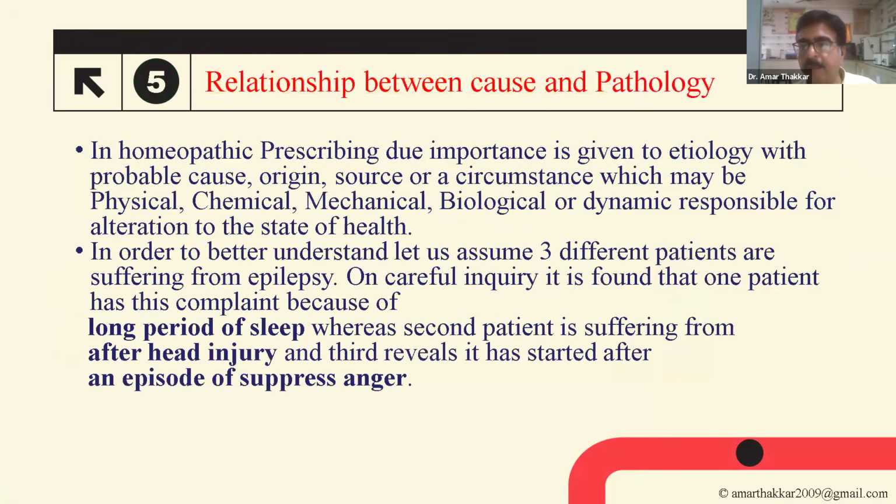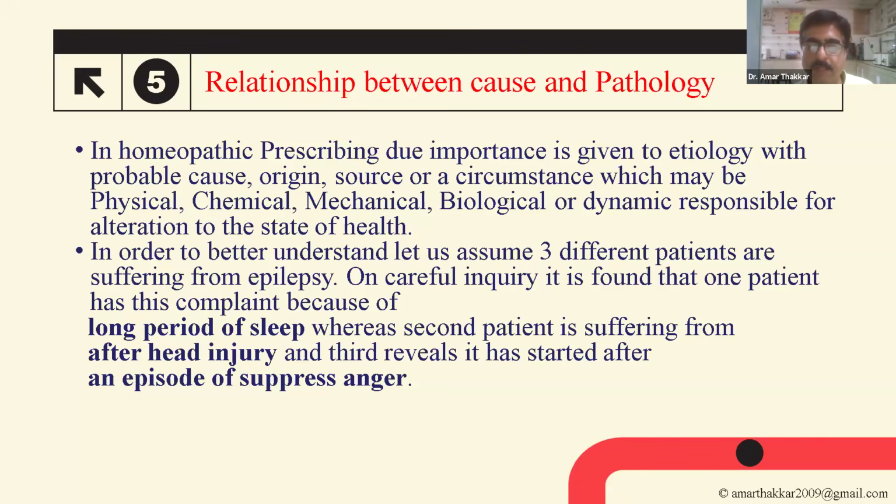Another important aspect for studying the pathological aspects of disease process is giving importance to etiology and cause. Let us try to understand knowing the cause and pathology in three different patients who are suffering from epilepsy, convulsions. Let us say these three patients have different causes.